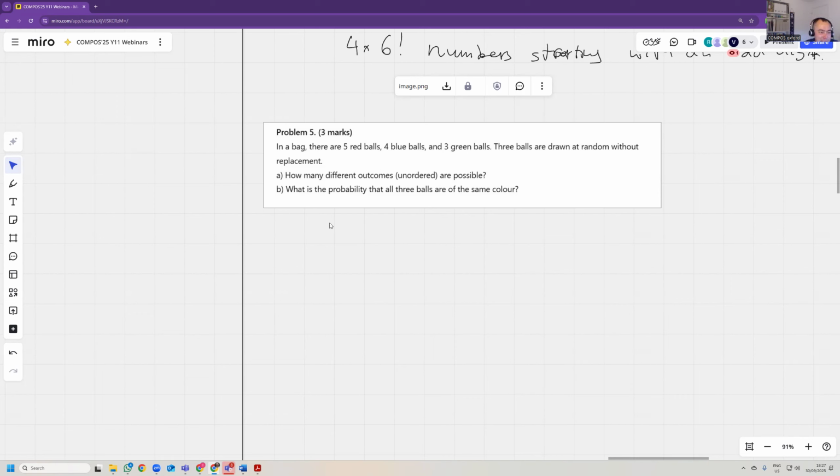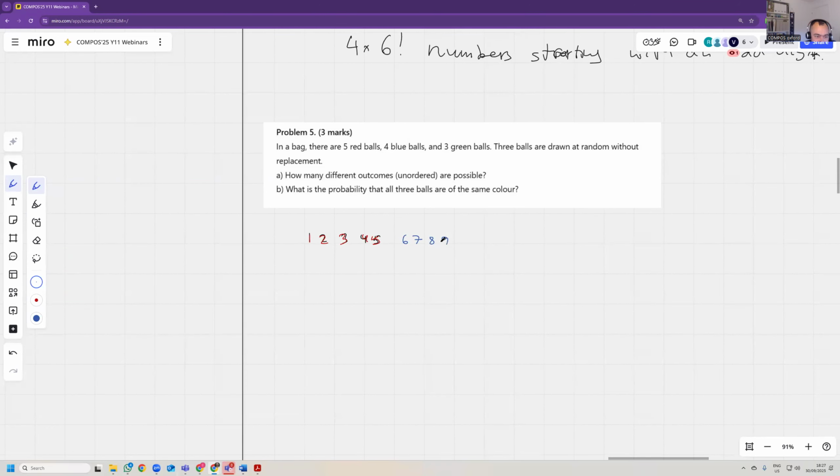If the balls were numbered, 1, 2, 3, 4, 5 red balls, then 4 blue balls, 6, 7, 8, 9, and then 3 green balls, 10, 11, 12, then you would say there are 12 choose 3 outcomes if balls were numbered.